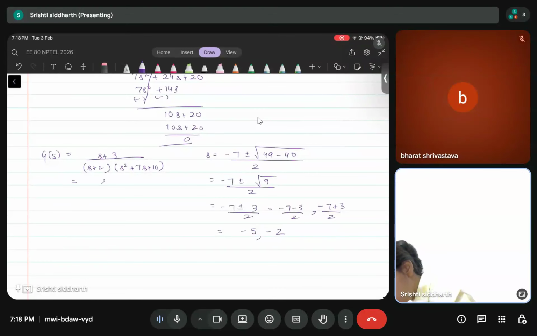Okay, so now we have simplified the denominator. This is S plus 2 squared and S plus 5.